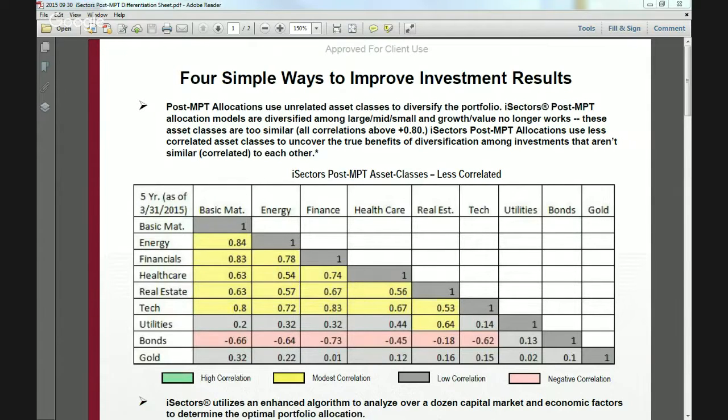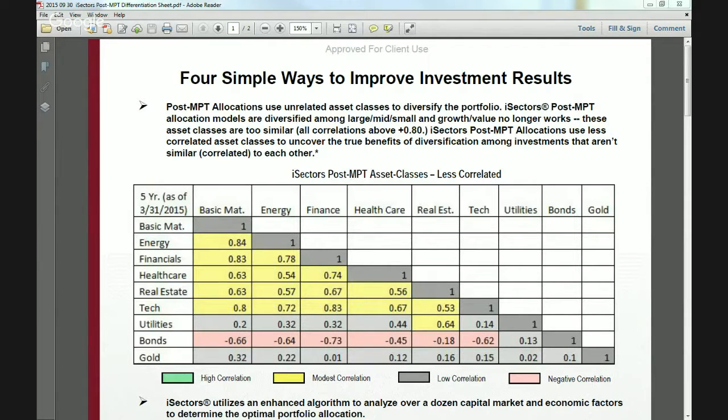is applied. Number 1, we allocate our portfolio to asset classes that have much lower correlation to one another. As you will know, most investment advisors have historically allocated portfolios amongst your capitalization style-weighted asset classes, your large, mid, small cap, growth, value, and core asset classes.